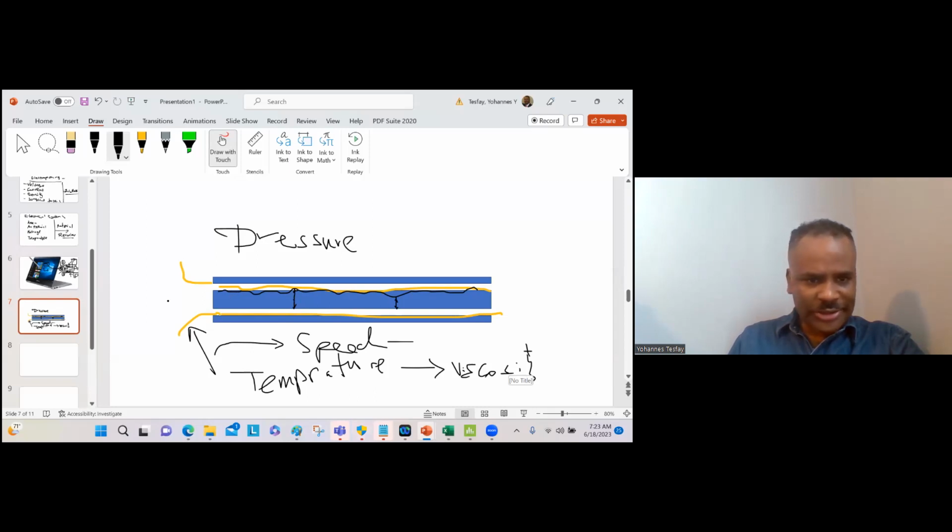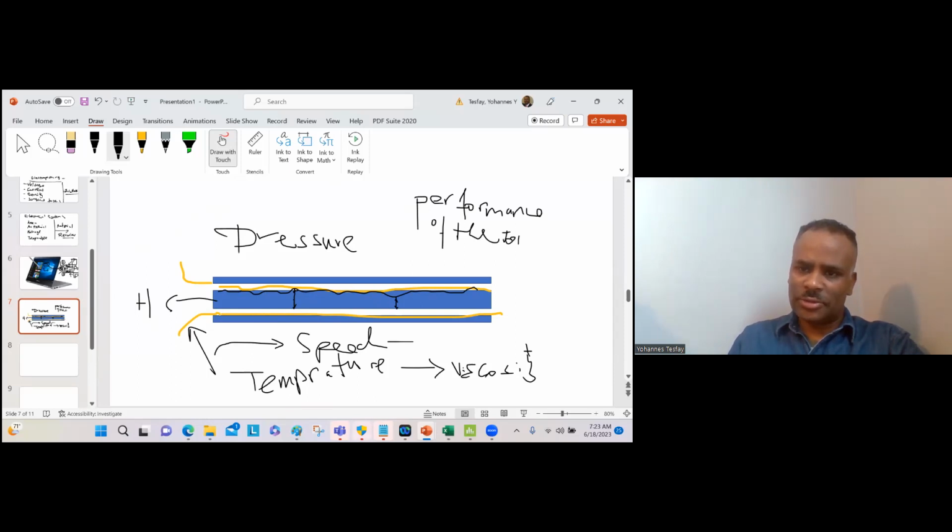So this height, all these things you see affect the performance of the touch screen. Performance of the touch screen. Touch screen.